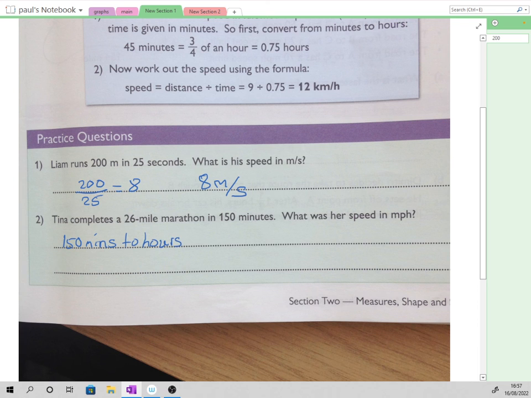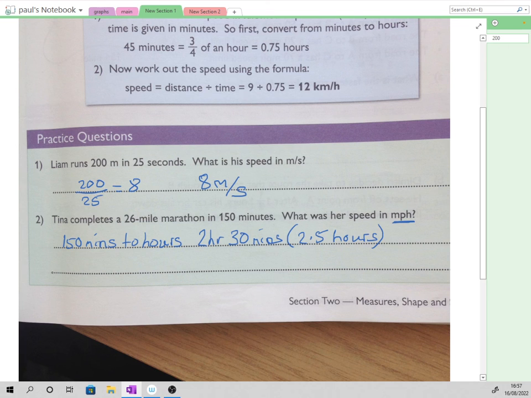Now, 1 hour is 60 minutes. 2 hours is 120 minutes. So it's 2 hours and 30 minutes, which is 2.5 hours. I've done that because the answer's got to be in miles per hour. So you can do 26 miles in 2.5 hours.